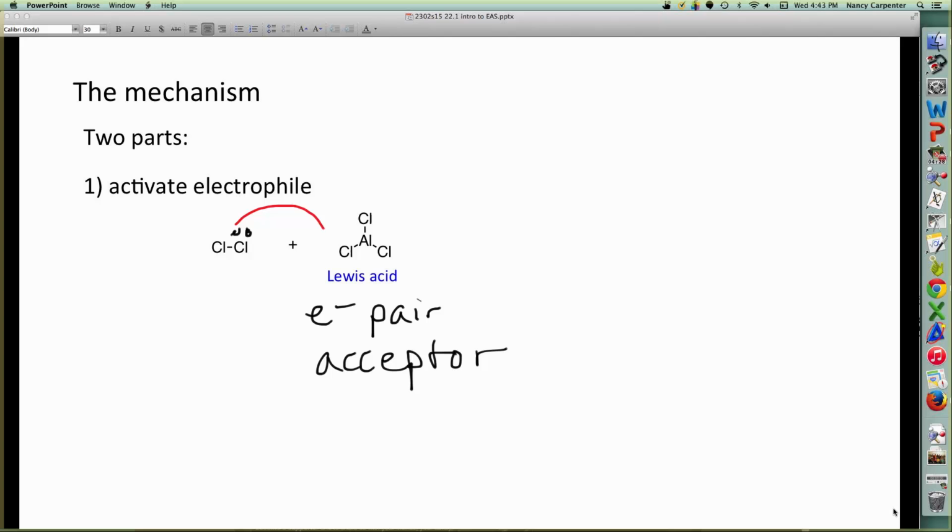What's electrophilic about aluminum trichloride? Well, get out your periodic table, look and see where aluminum is. It's right underneath boron. It means it's group 3, which means just like boron, we'll just put a box here for our element.